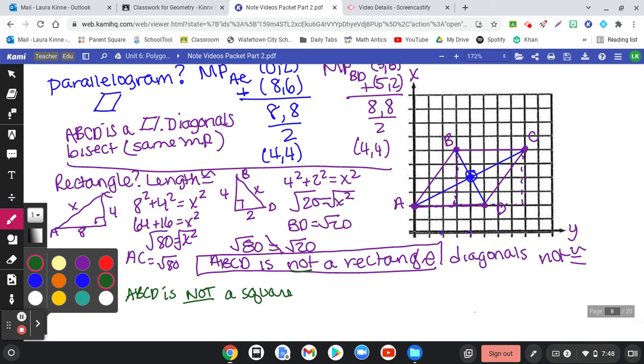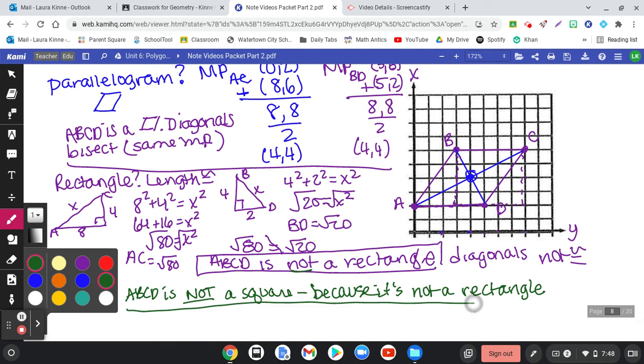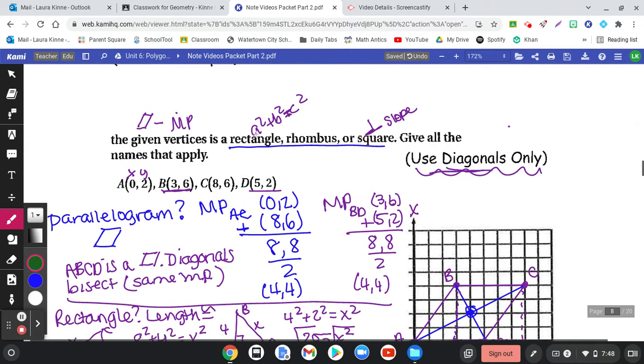And the reason, because it's not a rectangle. It's got to be both. And since it's not one of them, it's not a square. Okay, so we've found out it's not a rectangle, it's not a square.